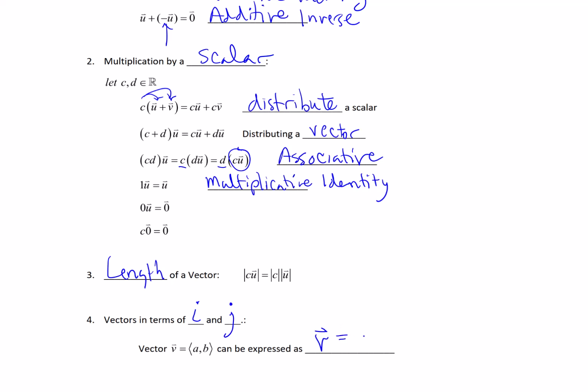Vector v would equal a times i plus b times j, where i and j are those horizontal and vertical components. Just a different way of writing vectors, but there's some convenience to it, as you'll see soon in some examples in doing algebra with those letters i and j.